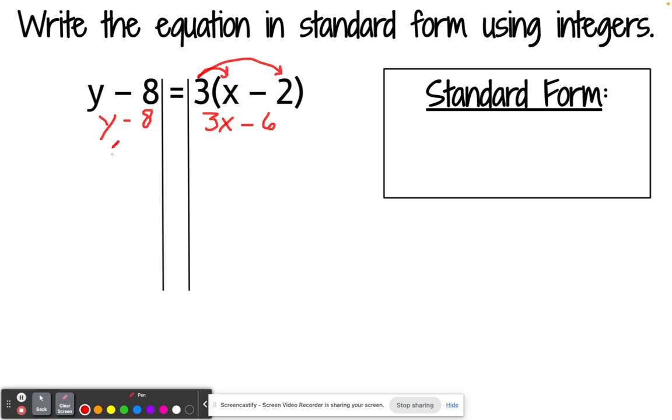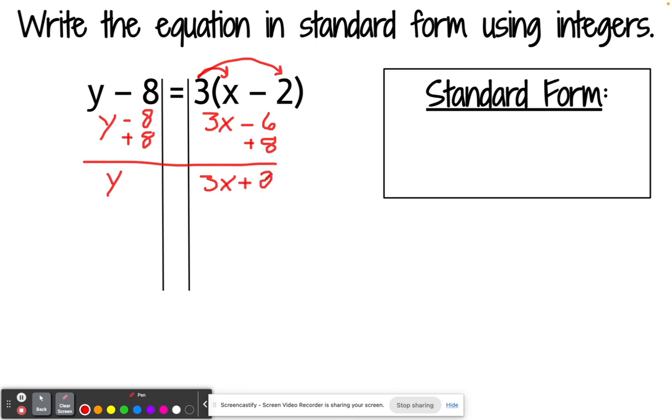I can add 8 to both sides. The order I do this in is not really particular. So I want to make sure I get my x's and y's on one side and my numbers, constants on the other. So now I have y equals 3x, and negative 6 plus 8 is plus 2.